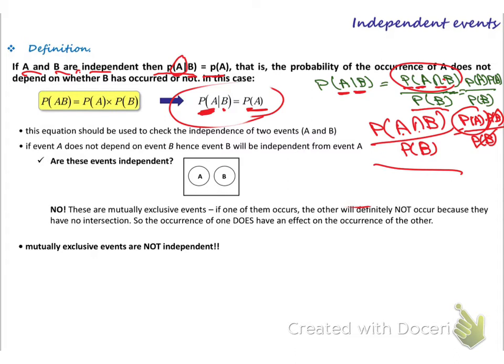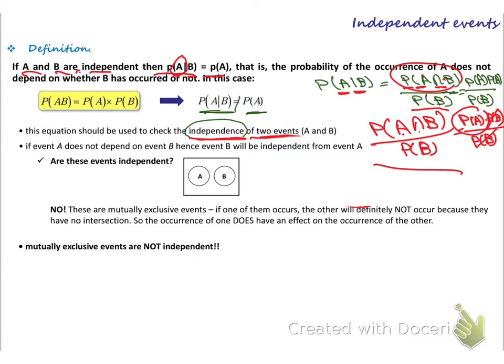So if he asks me to check the independence of two events, whether these two events are independent or not, I can use this formula. If the probability of A given B equals the probability of A, this means that they are independent.